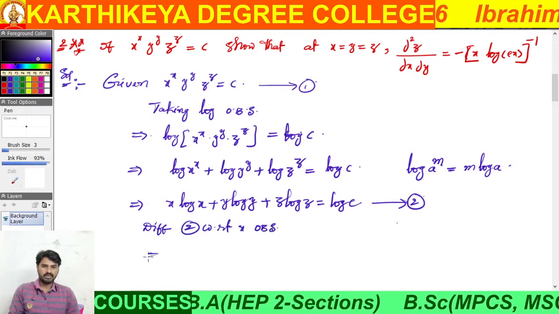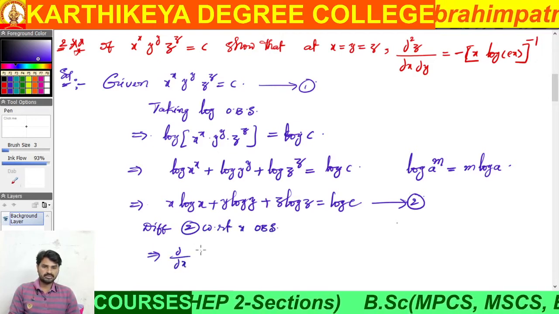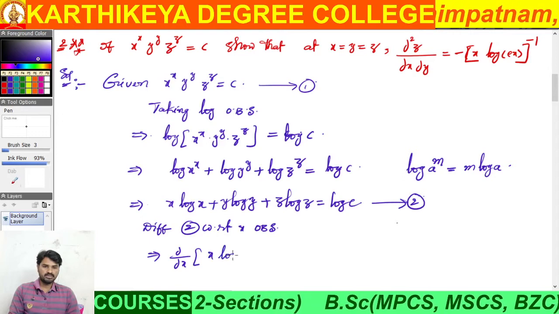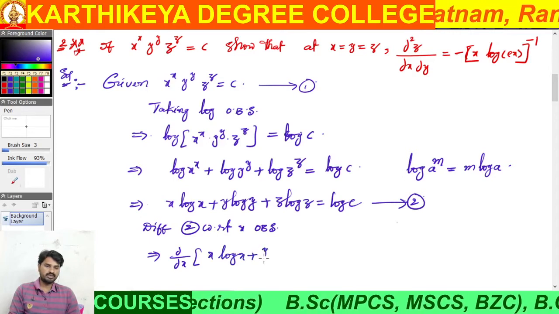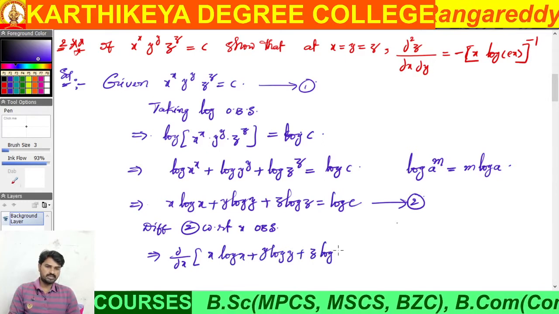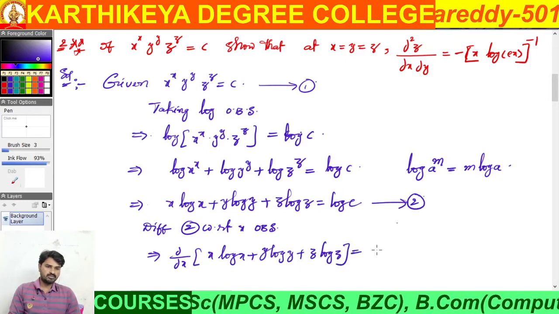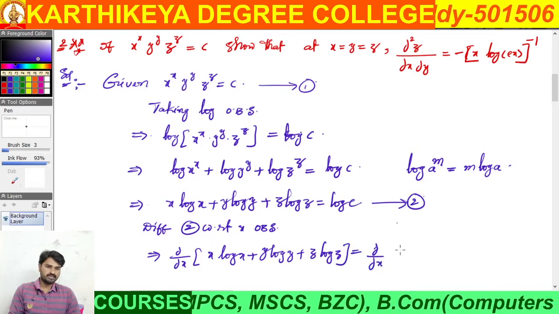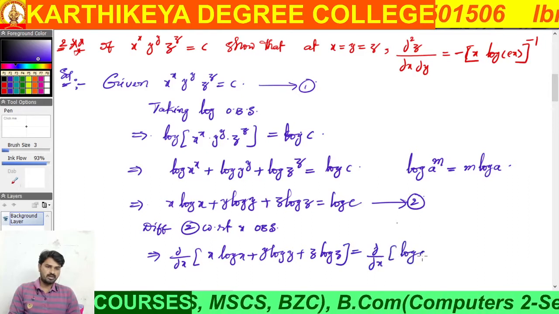Now we get dou by dou x of x into log x plus y into log y plus z into log z is equal to dou by dou x of log c.